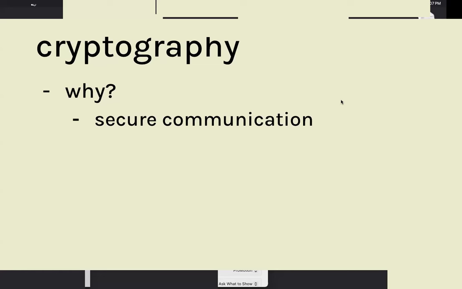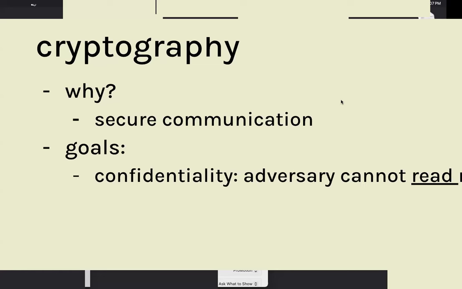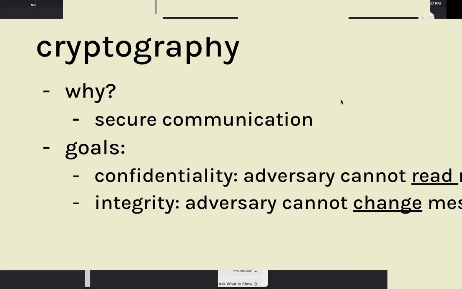And there are 3 parts to secure communication. The first one is that you want to make sure that whatever you are communicating stays hidden from any adversary who might be listening on the network, which is known as confidentiality. The second one is integrity. You want to make sure that if I'm sending a message to you, no one can tamper with the message. If they try to tamper, the recipient will be able to detect tampering.